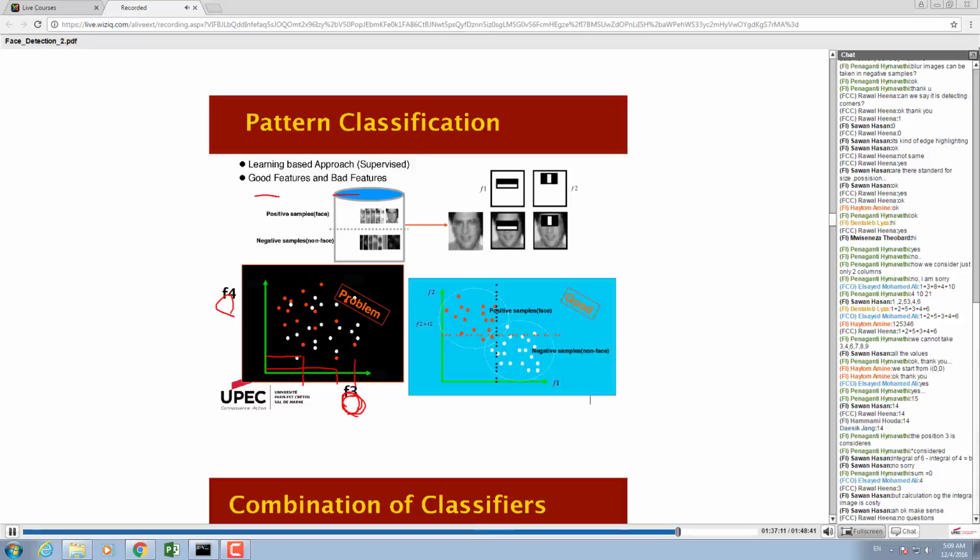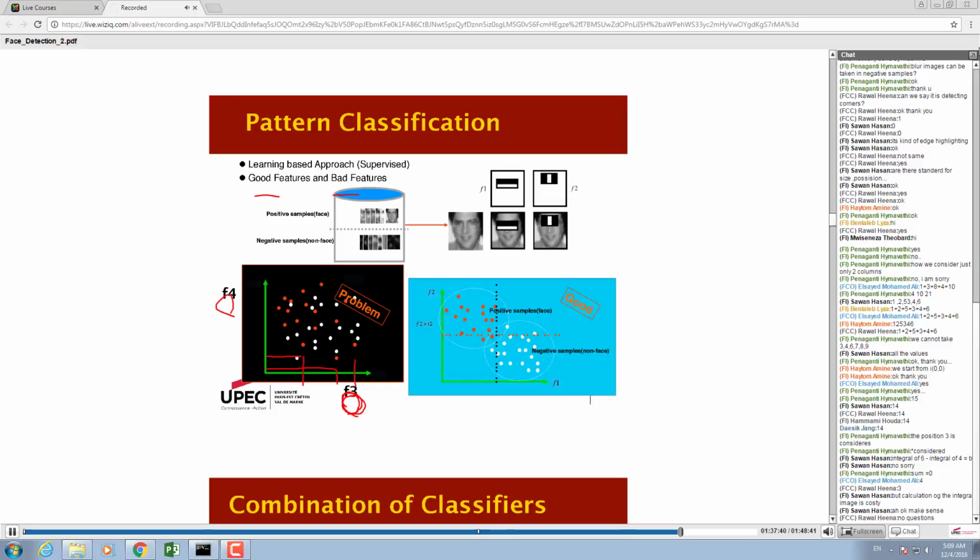We have red dots for positive and white for negative. In this black graph, the red positive and white negative samples are all mixed together, so we cannot find any clear line that distinguishes red and white.